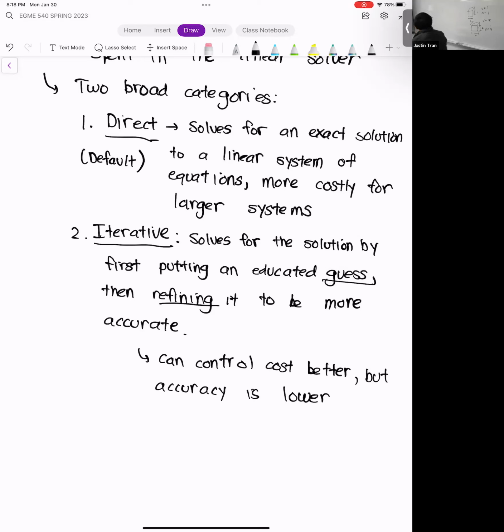So a stiff linear system basically means you have a linear system like this. Normally for a well-behaved system, you have a bunch of coefficients all over the place, but they are all roughly the same, so maybe you have 2 orders of magnitude of variation. For a stiff system, you have a much higher range.